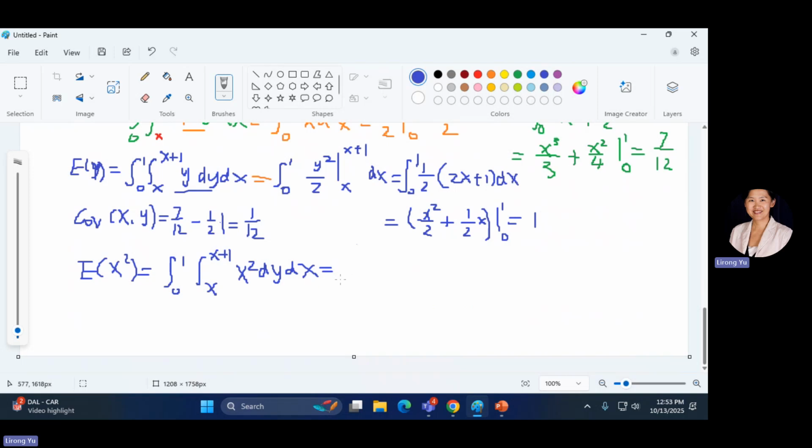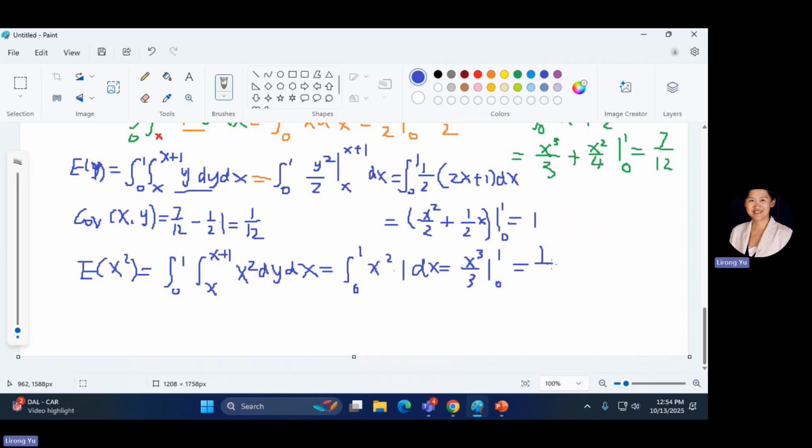So that will allow me to find the variance for x. This will be 0 to 1. This is the dy, which will be 1. So there's x squared factored outside. The dy part, upper limit minus lower limit, is 1. And then we have the x. The antiderivative will be x cubed over 3. Plug in 0, 1.